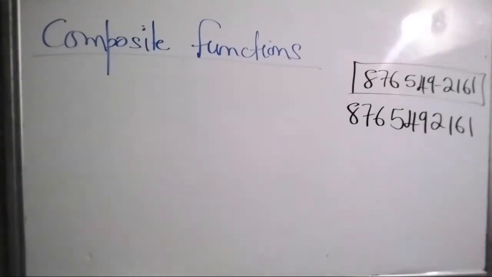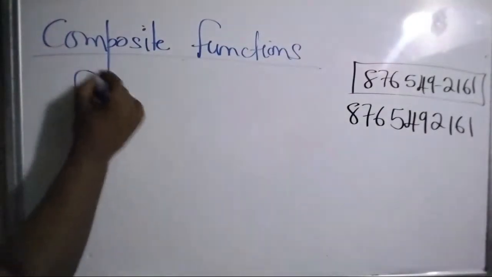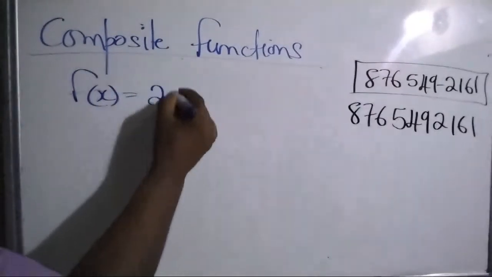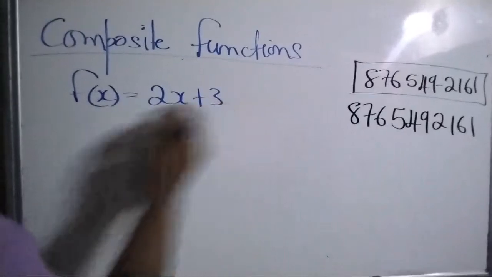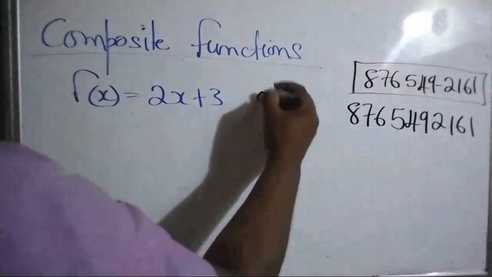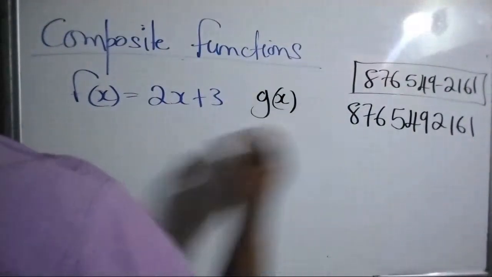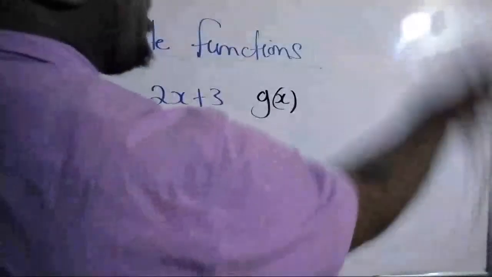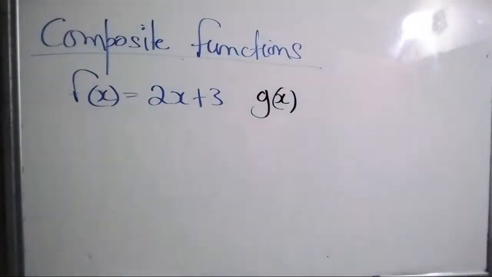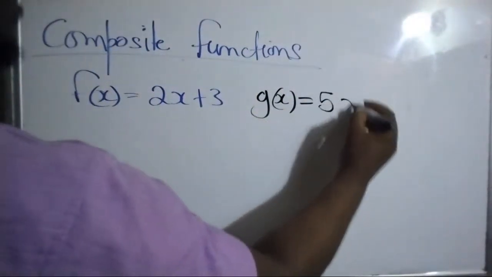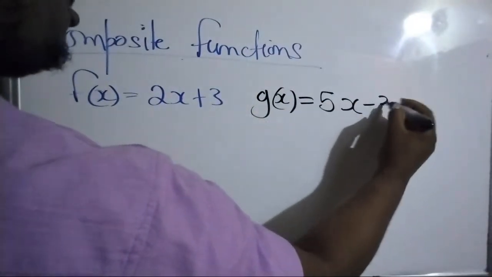So, let's just say we have f of x is equal to 2x plus 3. And g of x, let's say g of x is equal to 5x minus, no, I'm going to use 4.